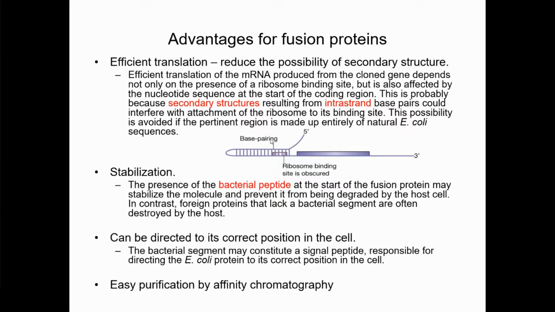Also, it can be directed to a correct position in the cell. Most importantly, there is easy purification by affinity chromatography, which is a very important issue that we will discuss later in today's class. So these are the four advantages of fusion protein: efficient translation, stabilization, directing the protein to the correct position, and easy purification.